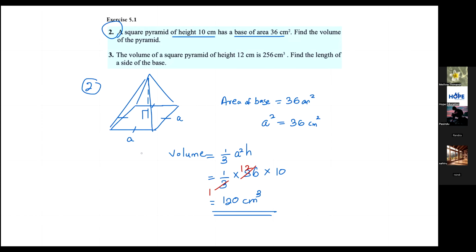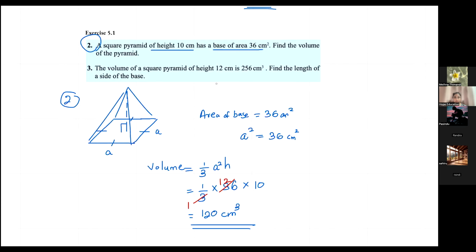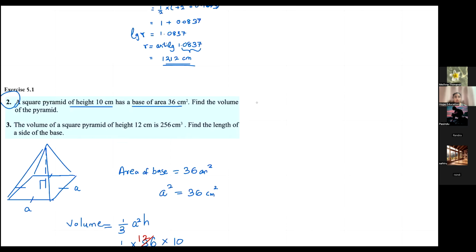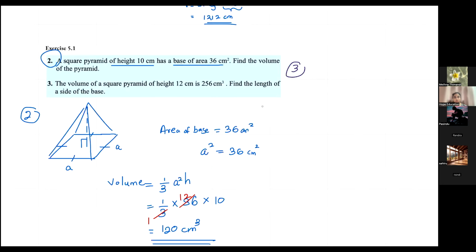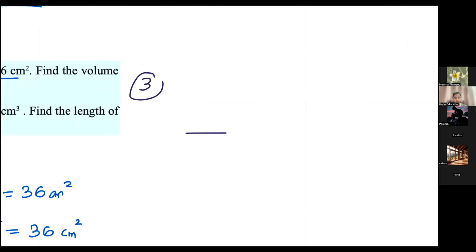Okay, let's go to the third one. The volume of a square pyramid of height 12 centimeters. Okay, I'll do this one. I'll just draw a rough sketch. This is the square base pyramid.